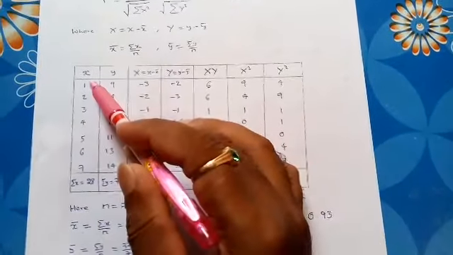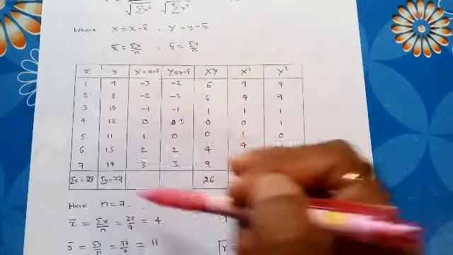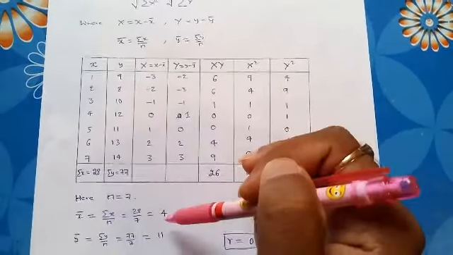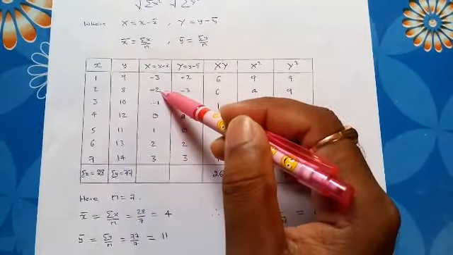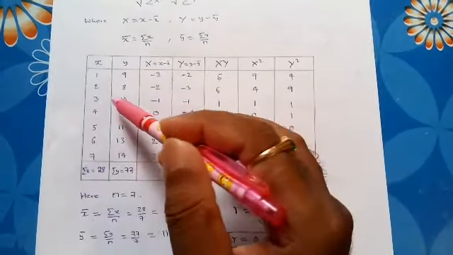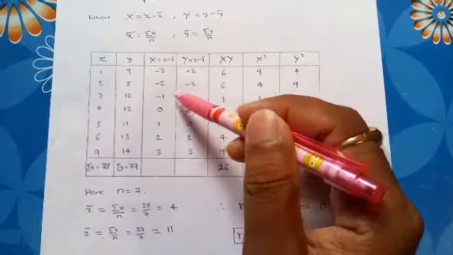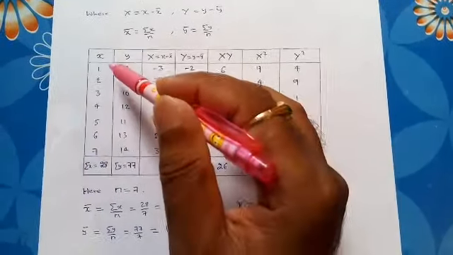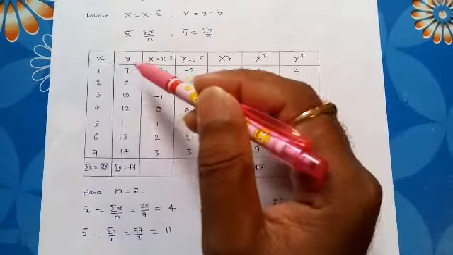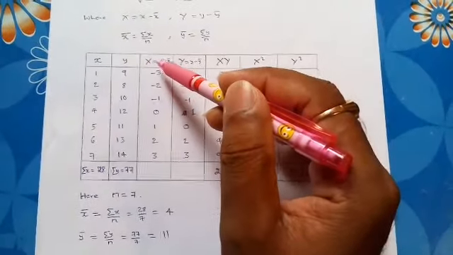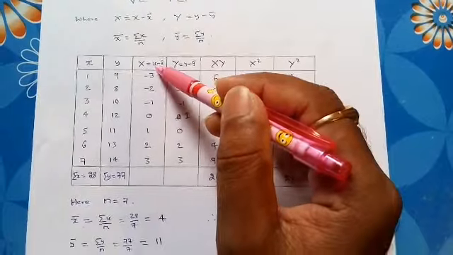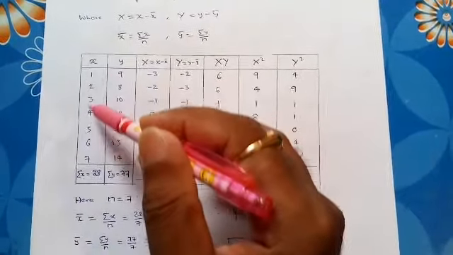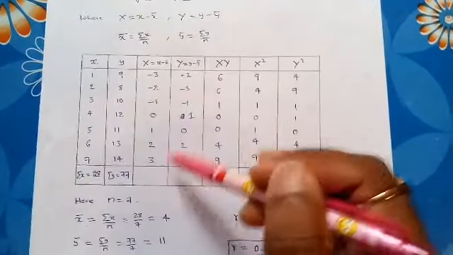So 1 minus 4 is minus 3, 2 minus 4 is minus 2, 3 minus 4 is minus 1, 4 minus 4 is 0. So we find the corresponding values of capital X, where capital X means x minus x bar. Subtract 4 from all the values of x. So we get capital X.